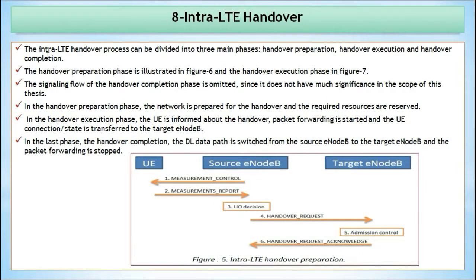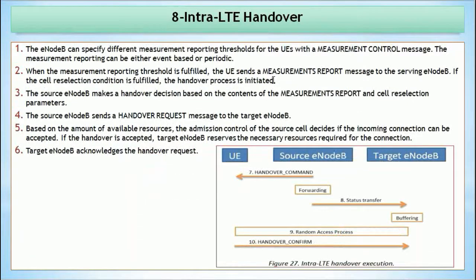The intra-LTE handover process can be divided into 3 main phases: handover preparation, handover execution, and the third one is handover completion. The handover preparation phase you can see in this figure, and the handover execution phase you will see in figure 7 here.